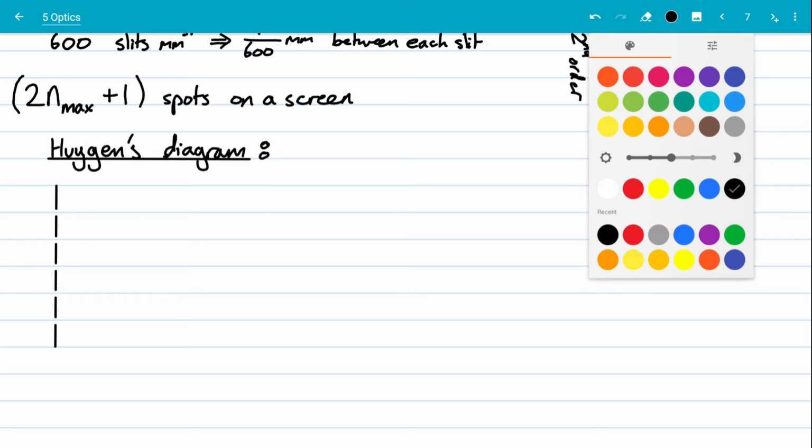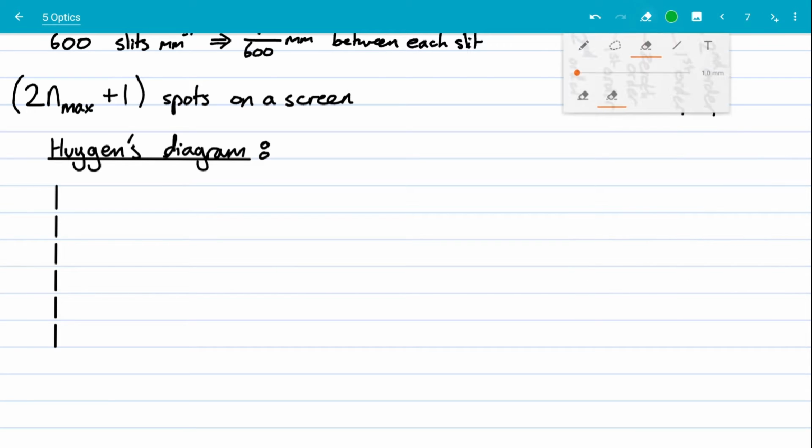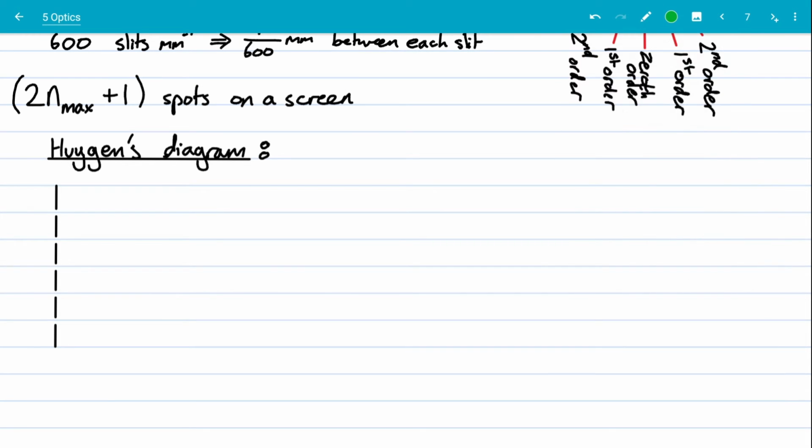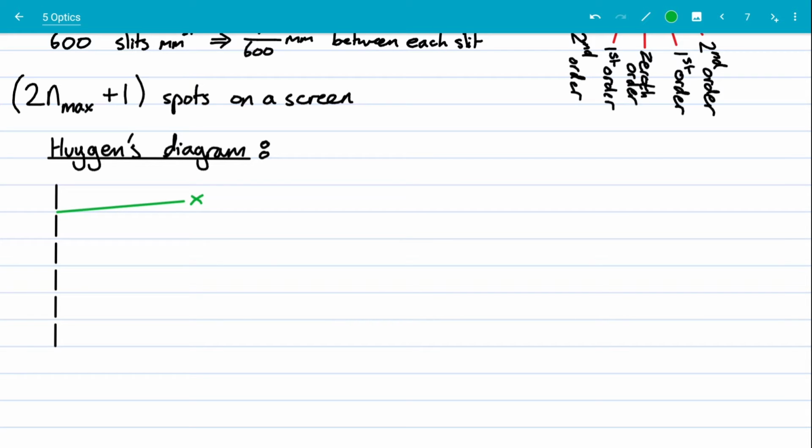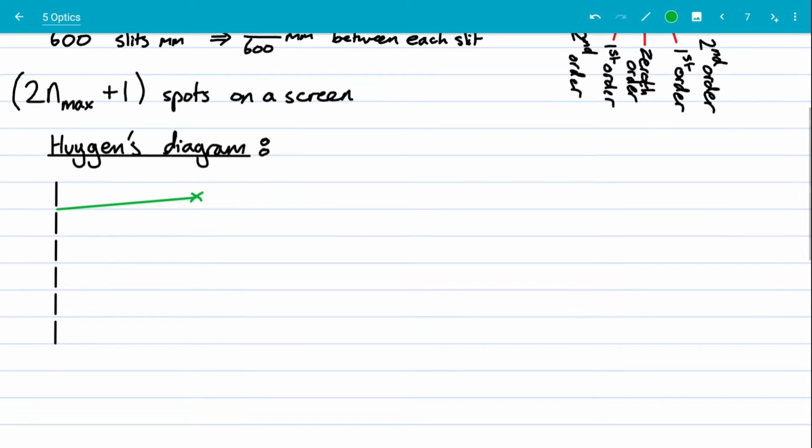And if I look at any point somewhere, let's just take this point here and see what's happening. Well, we're going to have the light from this slit here traveling a certain distance. And there will be another slit somewhere where the light will interfere destructively.